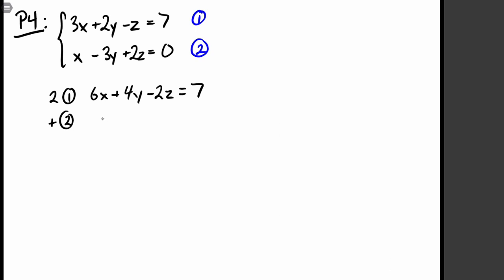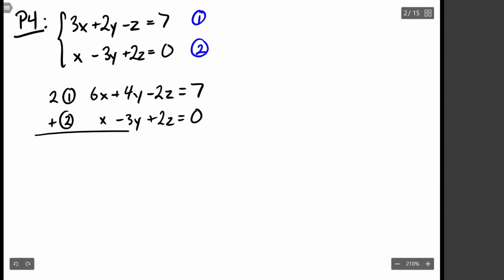And then x minus 3y plus 2z equals 0. So these cancel. And here we get 7x plus y equals 7.